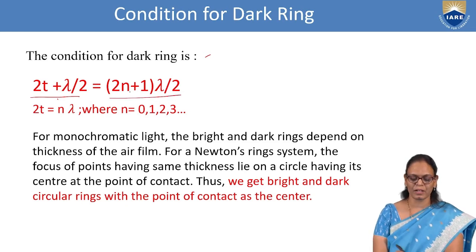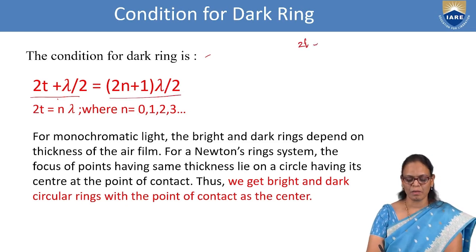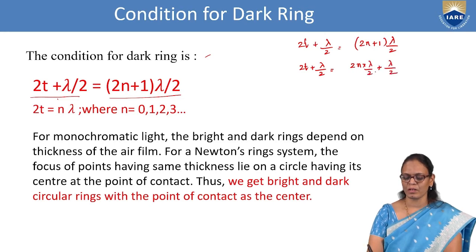So, when we compare, 2t plus lambda by 2 is equal to 2n plus 1 into lambda by 2. So, let me rearrange the terms and write. So, 2t plus lambda by 2 will be equal to 2n into lambda by 2 plus lambda by 2. 2 and 2 will get cancelled.